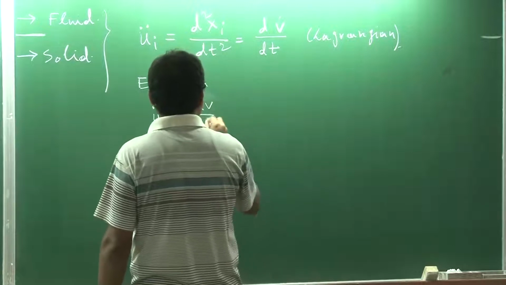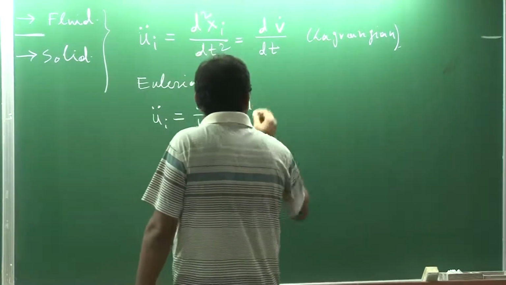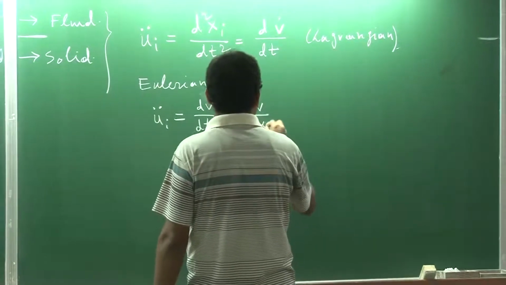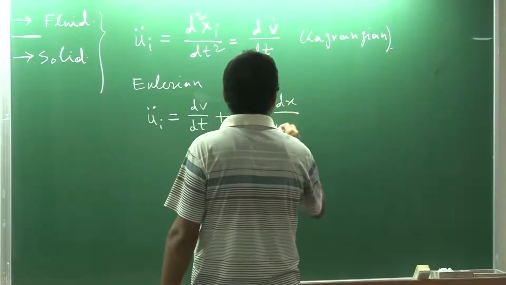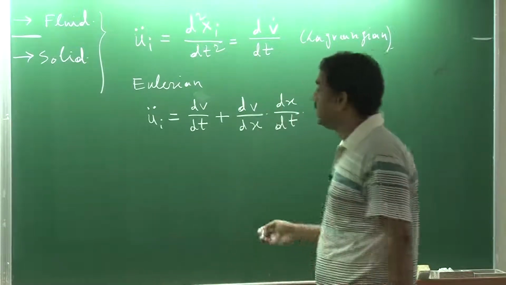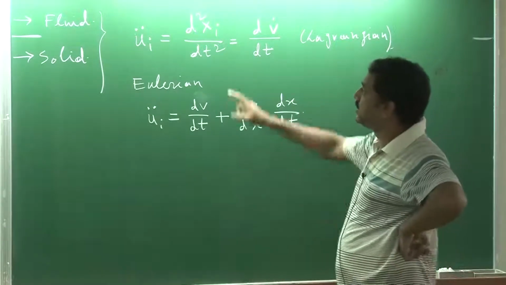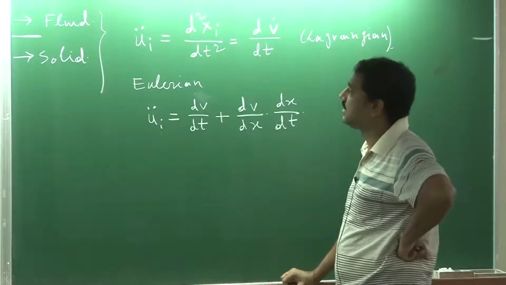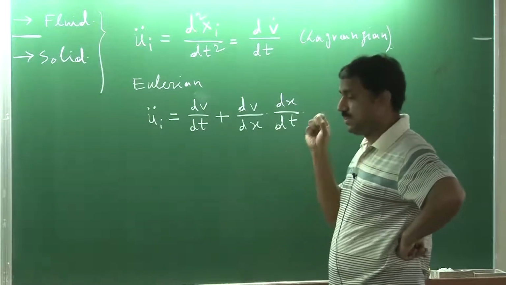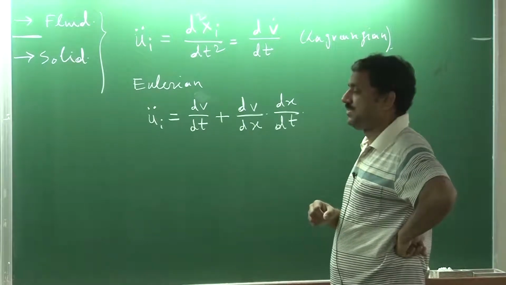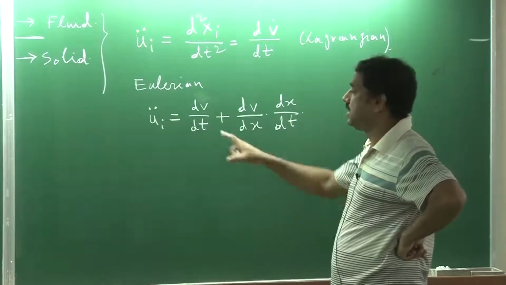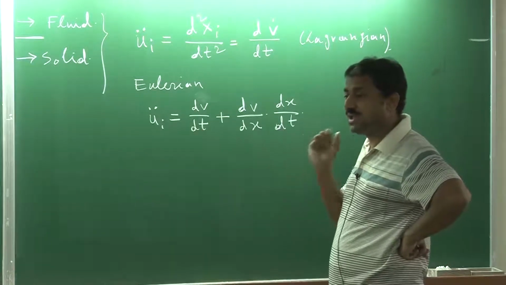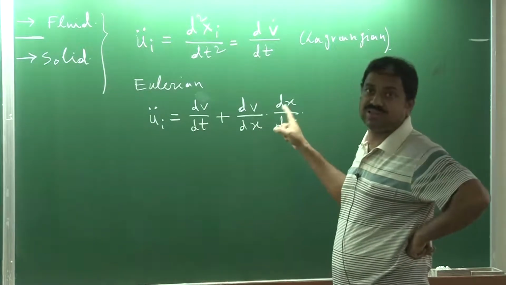dv dt, this is the local acceleration, and then we have to differentiate dv by dx into dx dt, because in Lagrangian we are following the material particle. So, we can directly take the derivative of the velocity vector or displacement, but here we have fixed a position in space, so it is a function of x and t. So, I have to take the derivative with respect to time first, and then because we have fixed the point in space, we apply the chain rule, right.